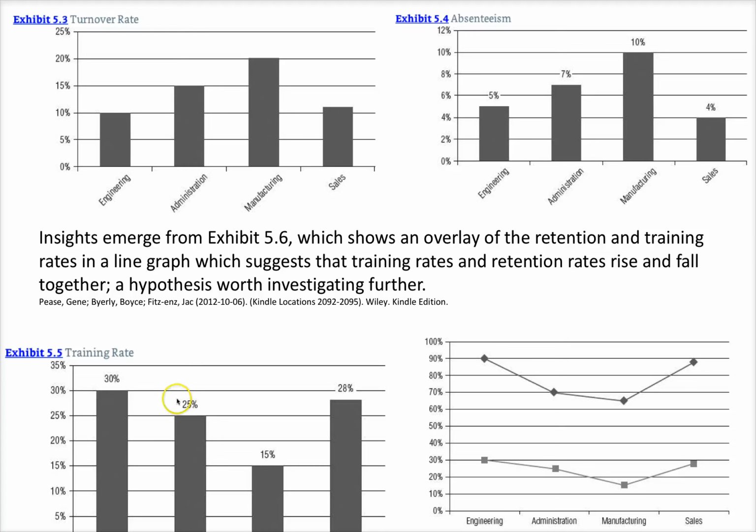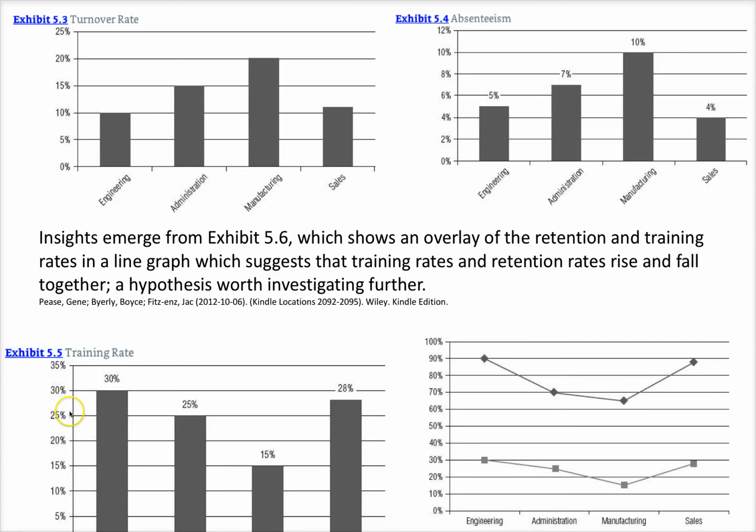And then when we go down to training, we also see that there seems to be a negative correlation between training rate, turnover, and absenteeism. So engineering has the highest training rate. It's also the lowest turnover rate and the lowest absenteeism rate.